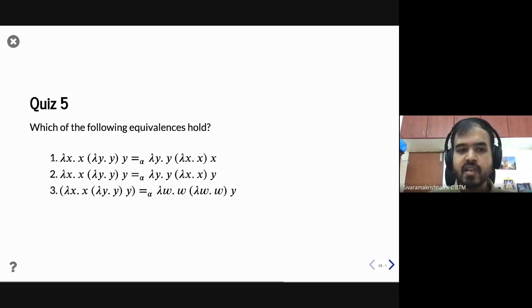Here are some examples to see whether we've understood the concept. We write alpha equivalence as an equal sign subscripted with alpha, so that we know what equivalence we are talking about. Let's look at the first one, whether these 2 terms are alpha equivalent.